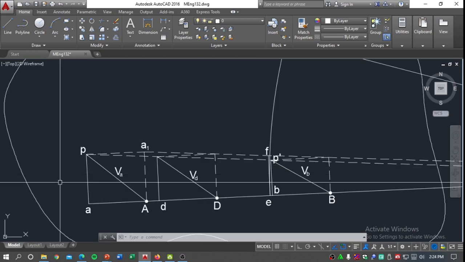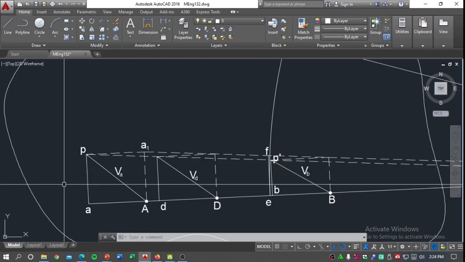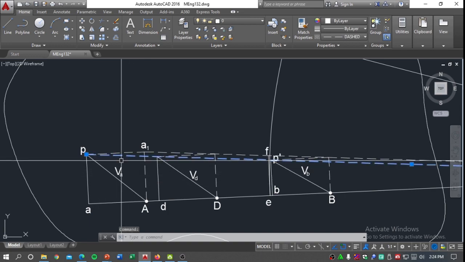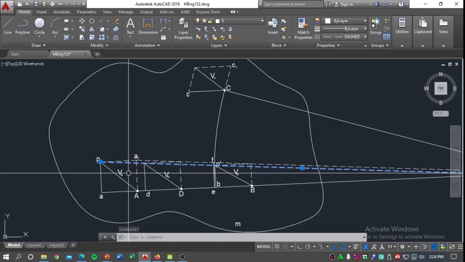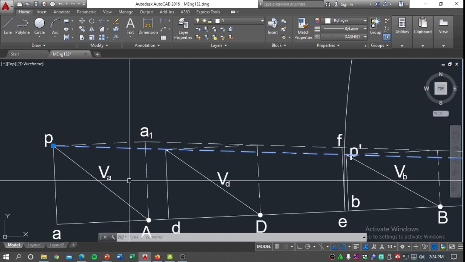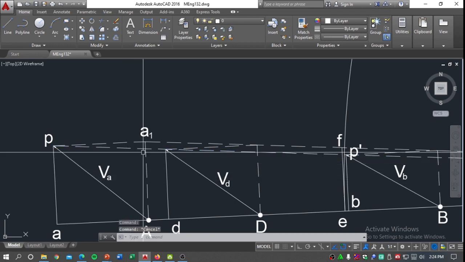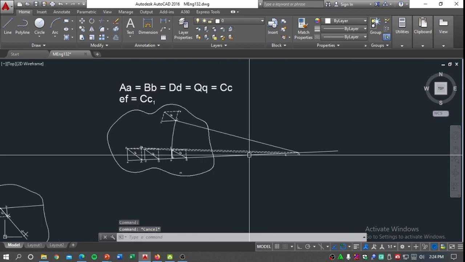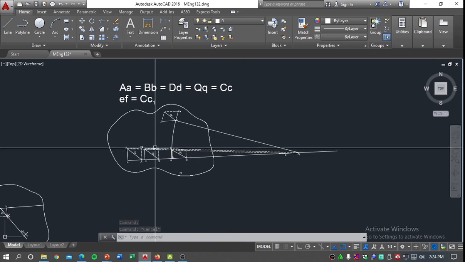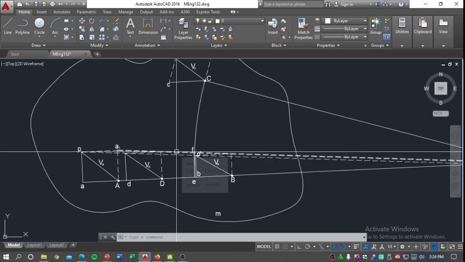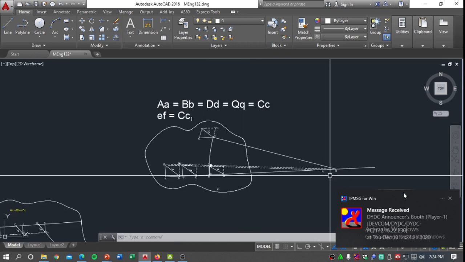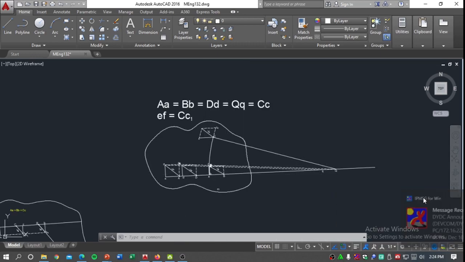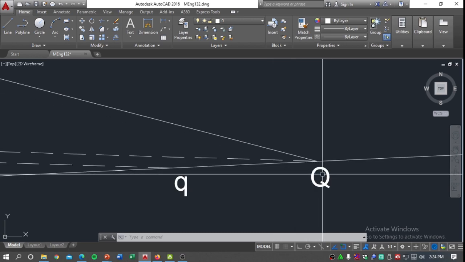After that, we projected a parallel to this line by forming a parallelogram for the velocity vector VA. And the intersection of that projected parallel line with the line AB is now the point Q.